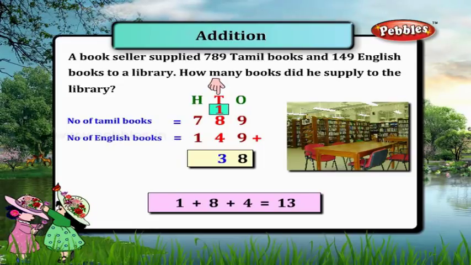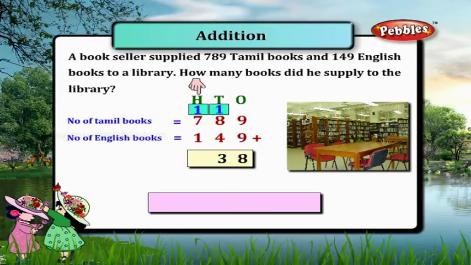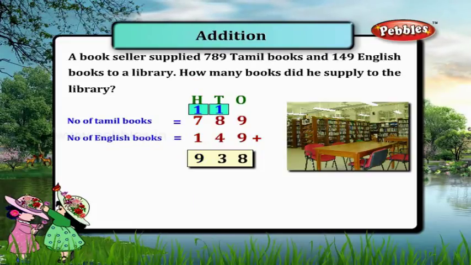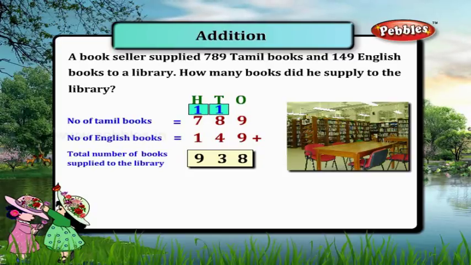Write 3 in the tens column and carry over 1 to the hundreds column. Now add the hundreds. 1 plus 7 plus 1 is equal to 9. Therefore, the total number of books supplied to the library is equal to 938.